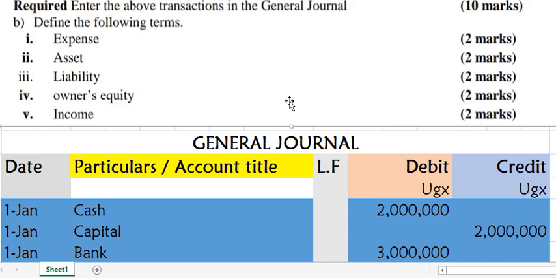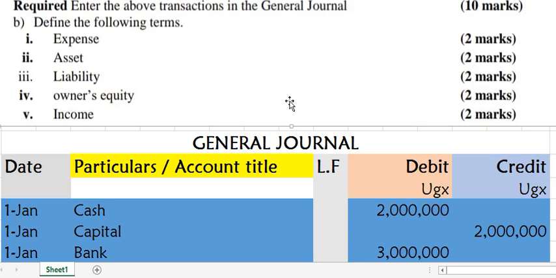Thank you for watching. In this video, we have looked at the general journal, and also at the definitions of assets, expense, liability, owner's equity, and income. All these five terms are elements of financial statements according to the conceptual framework for financial reporting.